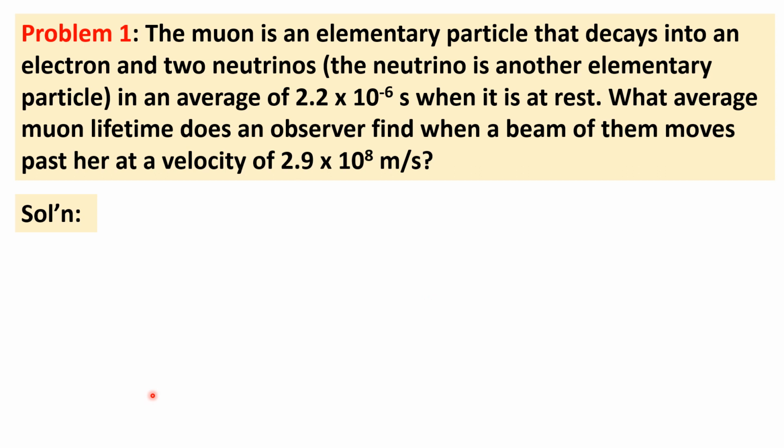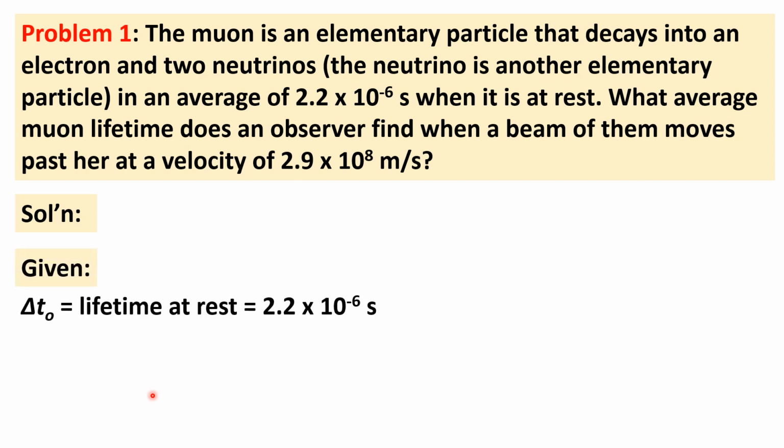So our solution, okay, we first identify the given data. The proper time or the lifetime of the muon particle at rest is given as 2.2 times 10 to the negative 6 second.